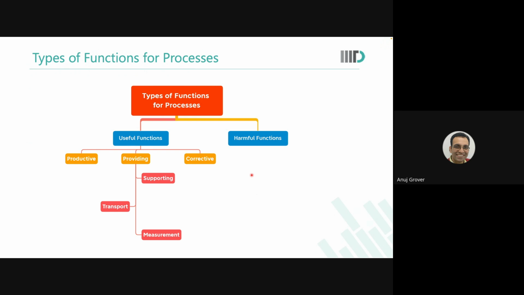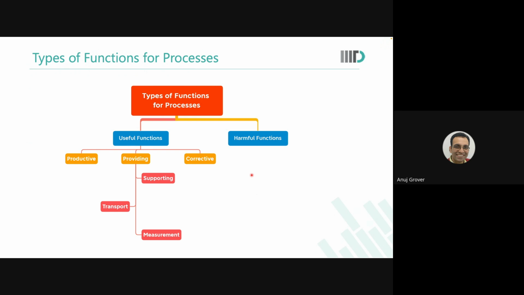In function modeling for processes, the functions are called productive functions, providing functions, and corrective functions. We'll go into the definition of each of them. Providing functions are of three types: supporting functions, transport functions, and measurement functions. All these three are providing functions.